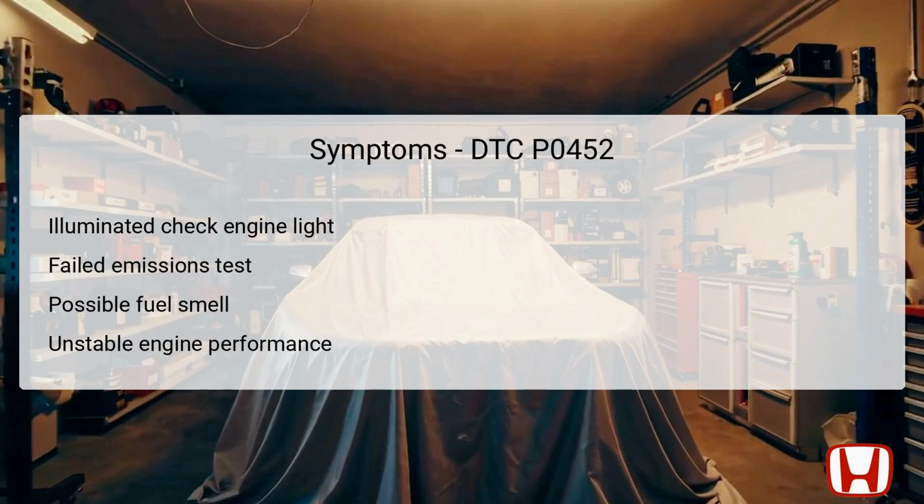Drivers may also notice a gasoline smell around the vehicle, suggesting vapor leaks that are not being properly managed. Lastly, there might be symptoms relating to engine performance, including rough idling or stalling, caused by the ECM compensating for what it perceives as an issue with the combustion process. Recognizing these symptoms early can lead to a more efficient resolution before worsening occurs.